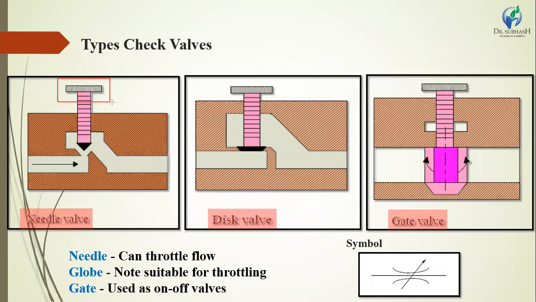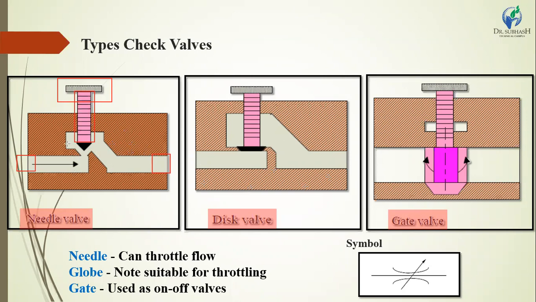This is the adjustable screw point, which we move clockwise and anti-clockwise as per the requirement of fluid flowing through the valve. This pink portion is the screw portion, where we give the movement. This portion is the inlet and this portion is the outlet for all types of valve.